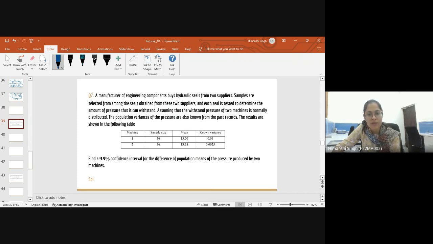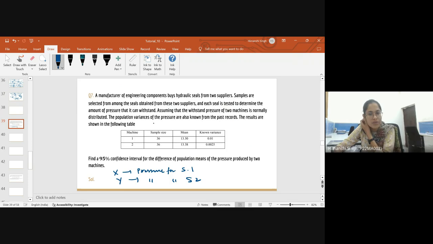Now, assuming that the withstand pressure of the two machines is normally distributed, let X be the pressure for supplier 1 and Y be the pressure for supplier 2. We are considering them to be normally distributed.